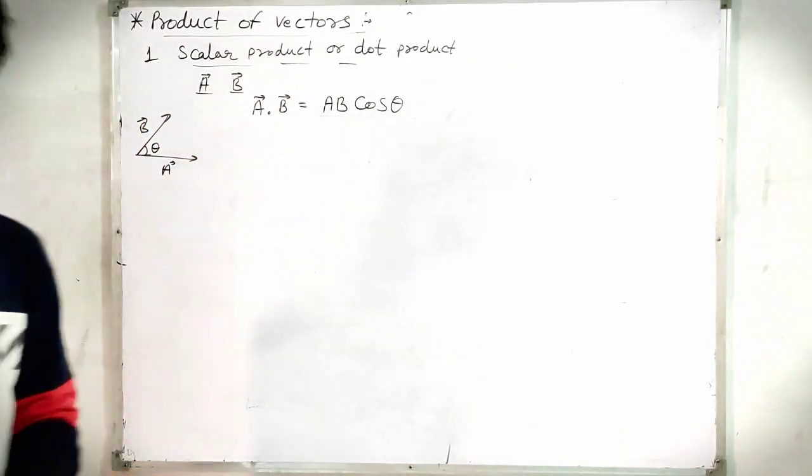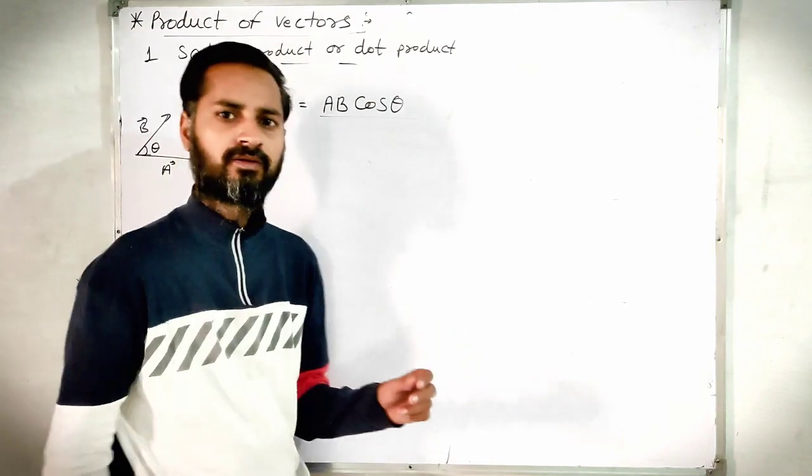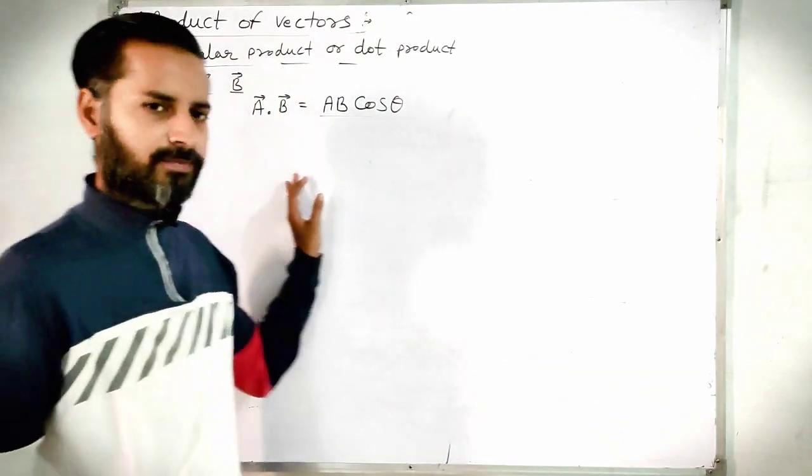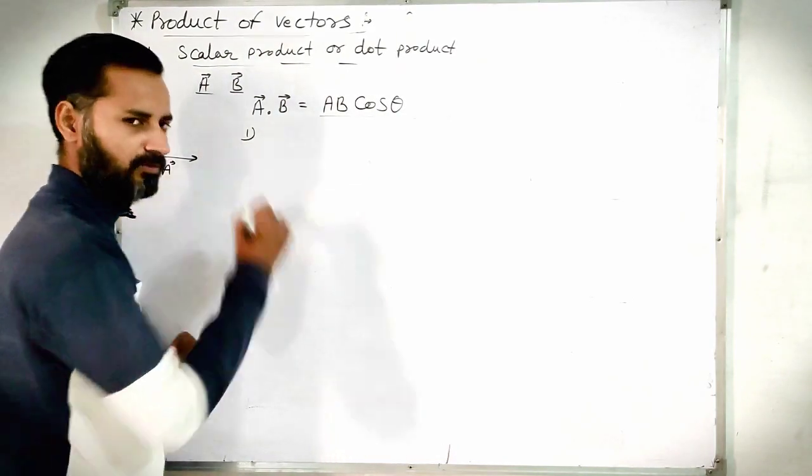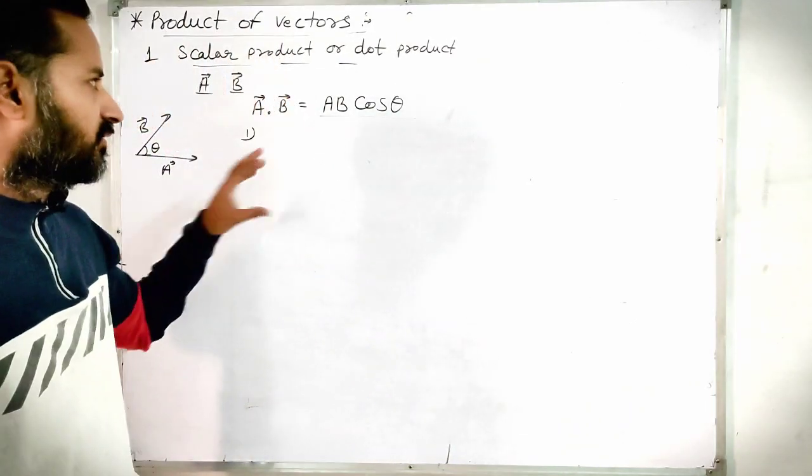Now let's learn some properties of dot product. The first one is commutative law. The vector product follows commutative law.